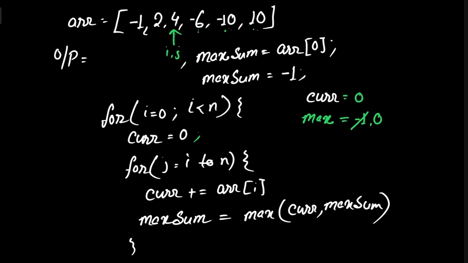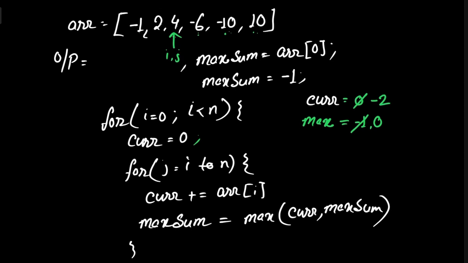Then current sum will be minus 2, and it checks whether max is greater than current. Yes, so max will also be 0.